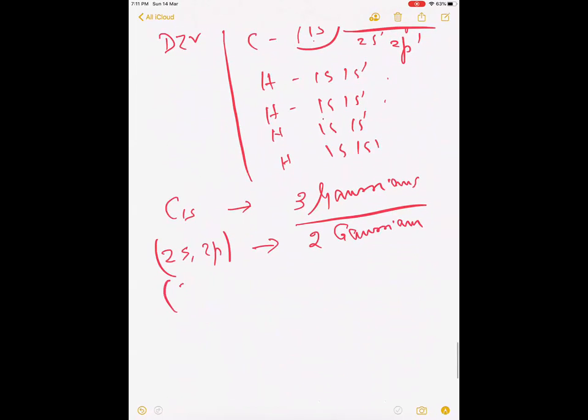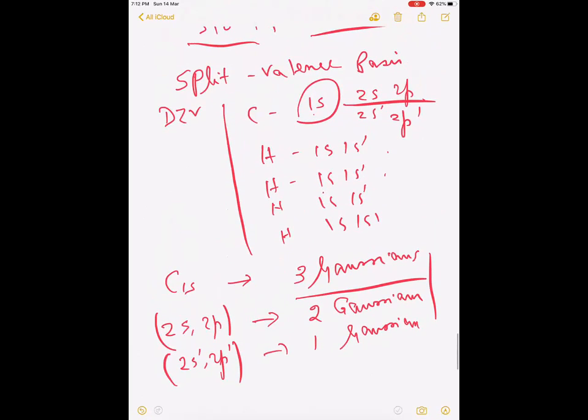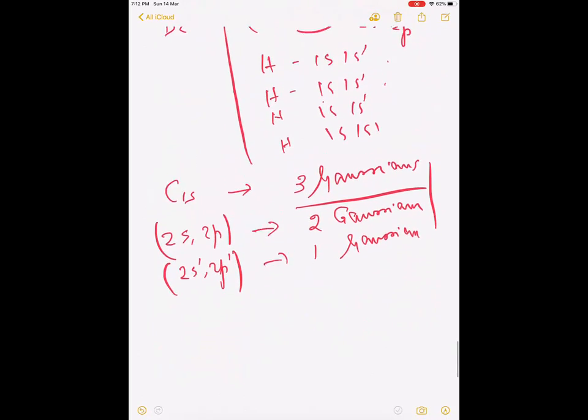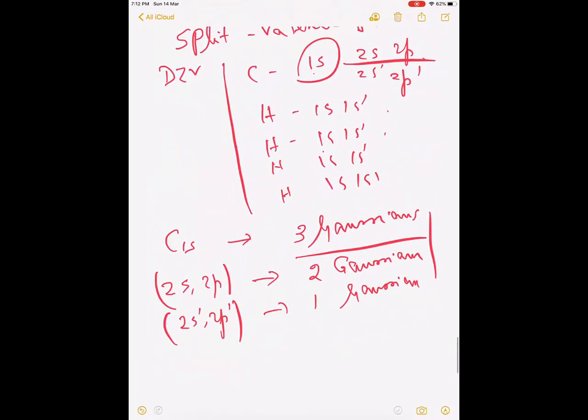And the second set, 2s prime, 2p prime, is expanded in terms of only 1 Gaussian. This is one example, but as I told you, you can use more and more. More Gaussians will not change the number of atomic orbitals. I'm again repeating, they are determined by this. They will only change the quality of the atomic orbitals.